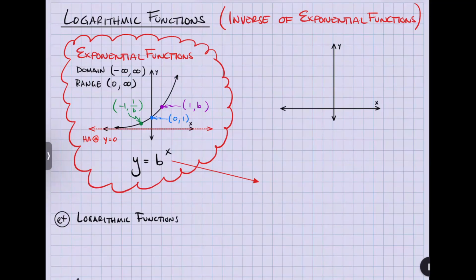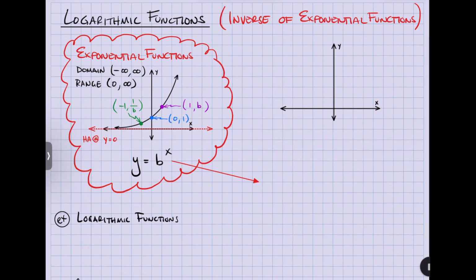So we had some key points here, where y is equal to 6 to the x: 6 to the 0 power is 1, 6 to the first power would be 6, 6 to the -1 power would be 1 over 6. So usually these are looked at as key points. We have a horizontal asymptote at y equals 0. My domain is -infinity to +infinity, but my range is 0 to infinity, not touching 0, right?